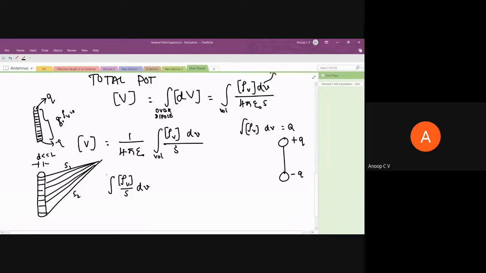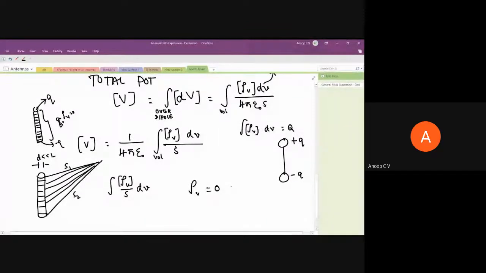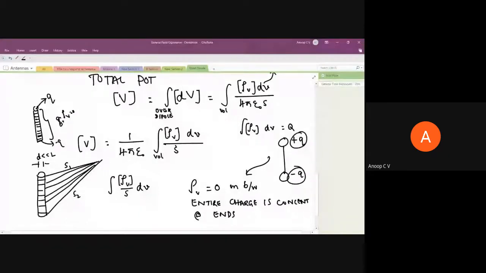So in this case, rho v will be equal to 0 in between, and using this equivalent representation, the entire charge is concentrated at the ends. At the ends, in the sense there is a plus q on top and minus q on bottom.